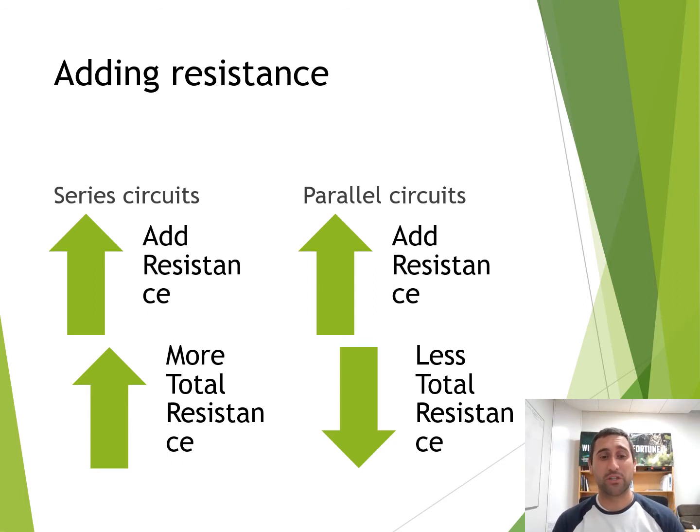This is the relationship you're going to see, and we're going to talk about inversely proportional relationships in a little bit. In a series circuit, our resistance is additive or directly proportional, and in parallel circuits, it's inversely proportional.